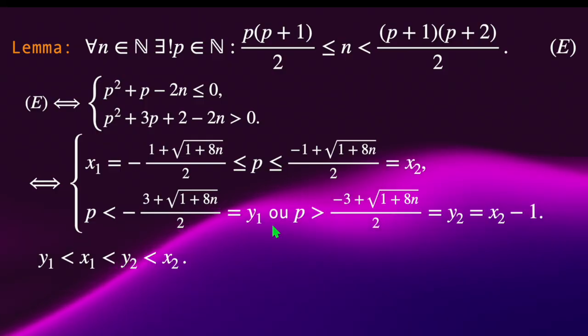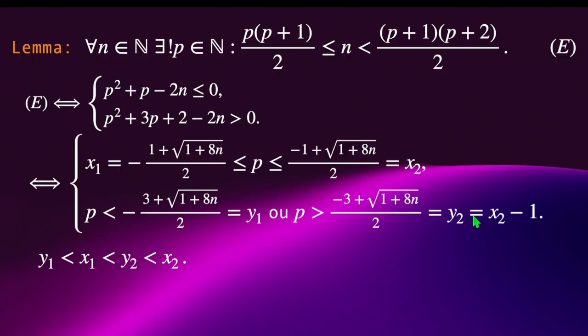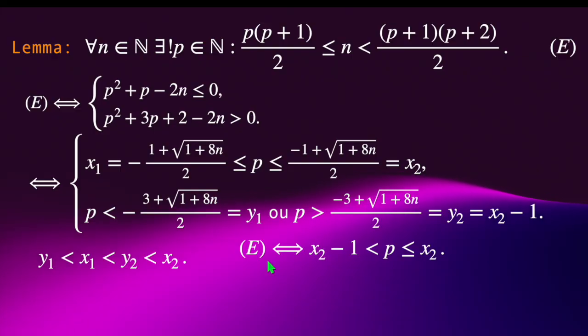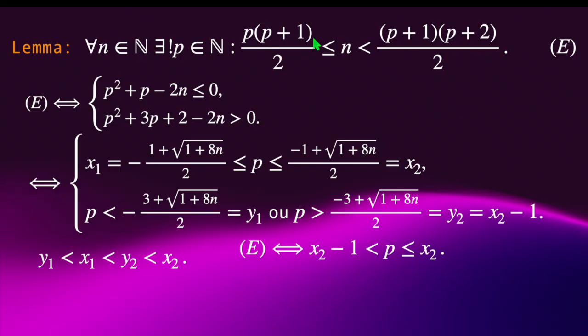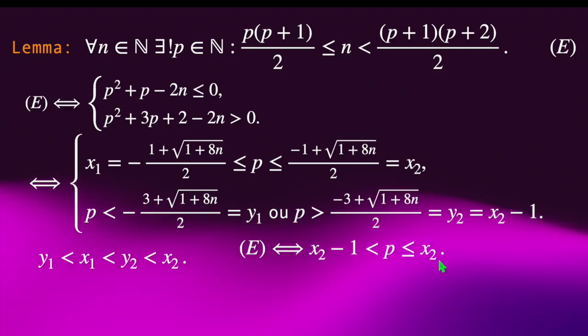So these two conditions are satisfied if p is between y2 and x2. It's bigger than y2 and less than x2, and we get that p satisfies these two inequalities if x2 minus 1 is less than p and p is less or equal to x2.